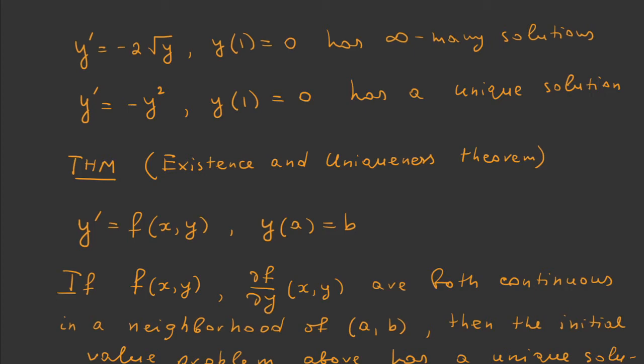Then if the function f of x, y and its partial derivative with respect to y are both continuous functions in a neighborhood of the point (a, b), and I remind you that the point (a, b) is the point that gives us our initial condition in this problem, then this initial value problem has a unique solution on some neighborhood of the point x equals a.